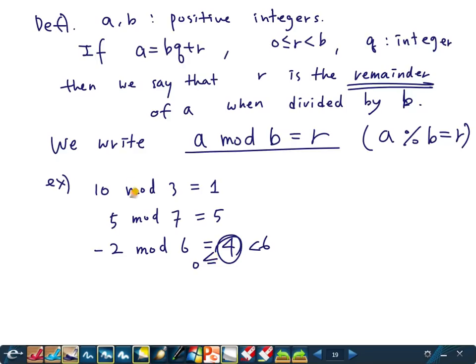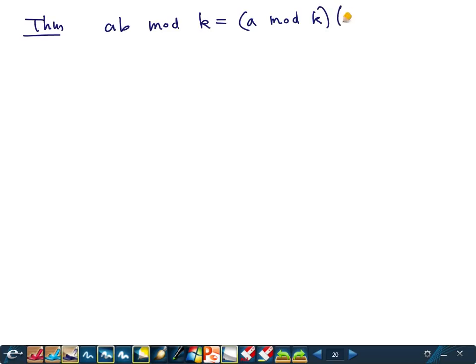This mod notation is quite useful when we are interested only in remainders. So there is a theorem. For instance, AB mod k is equal to A mod k times B mod k.